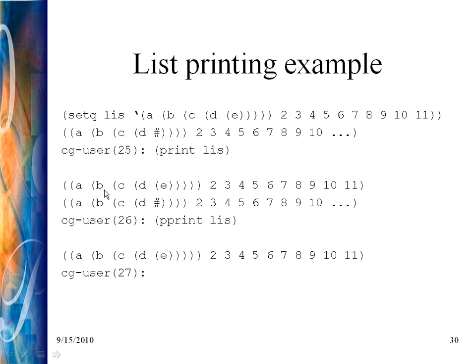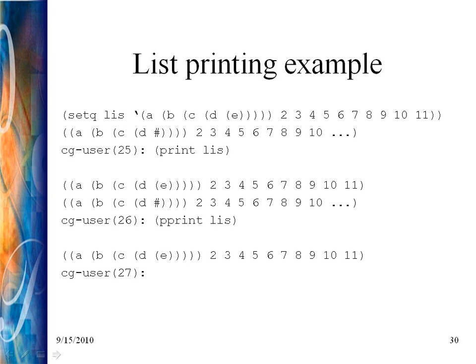The entire list, all the depths, and all the elements are printed by the print function, but then it's abbreviated when printed by the top-level evaluator. And the function pprint, standing for pretty print, always prints the full contents of the list.